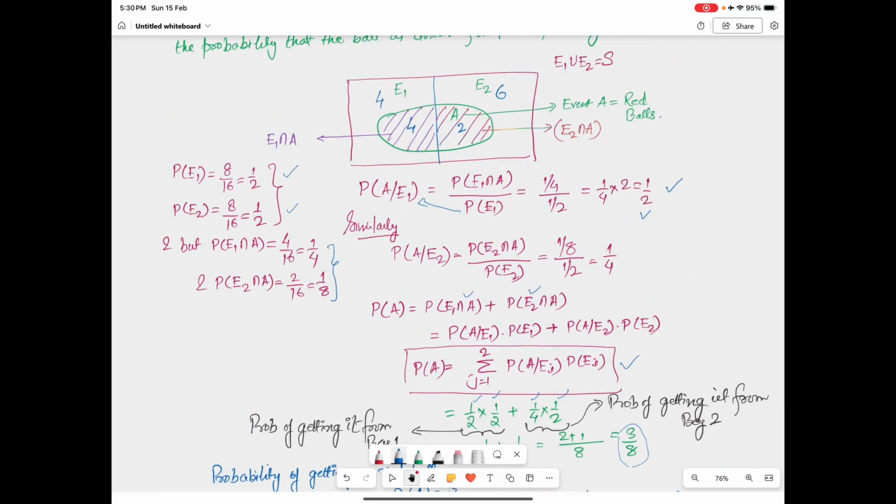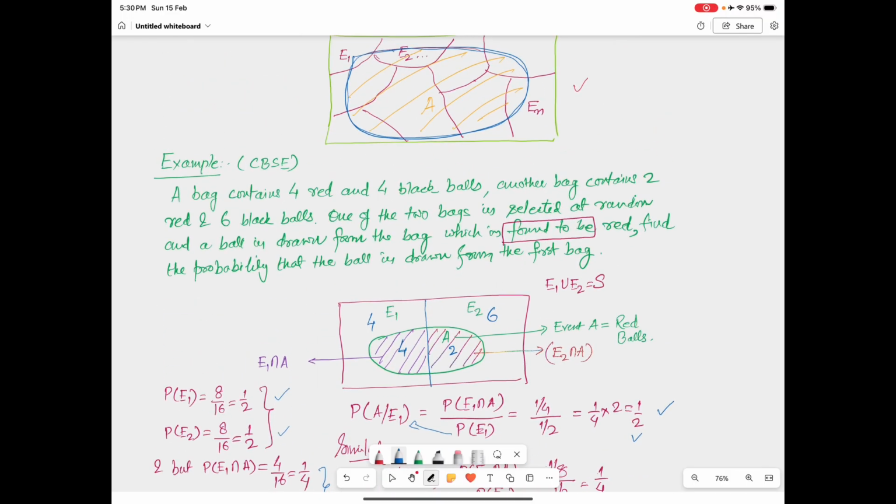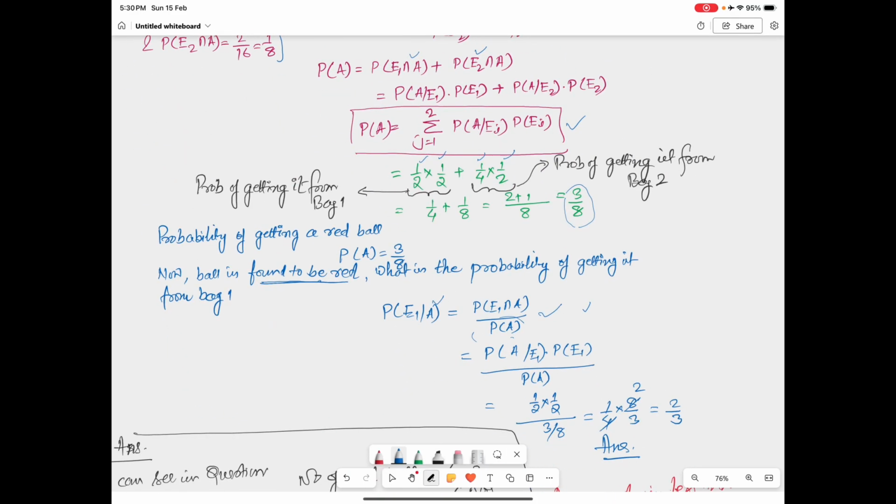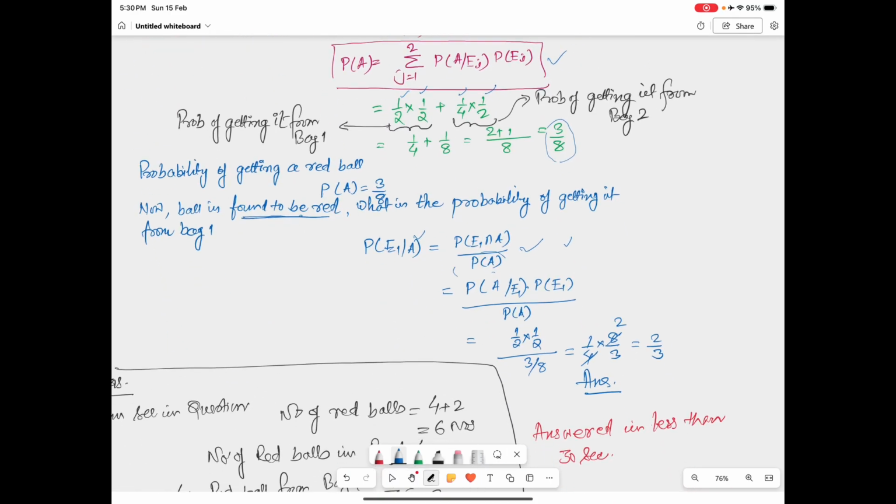You can see the formula in the question itself. Found to be red, because there are 4 red and 2 red, so in total there are 6 red balls. If out of 6 red balls the red ball has to come from bag 1, then the probability will become 4/6.